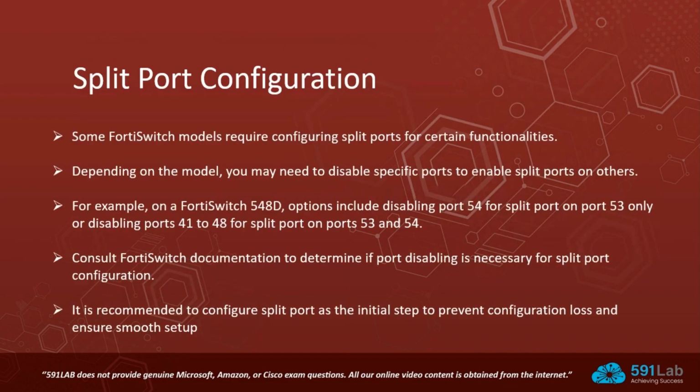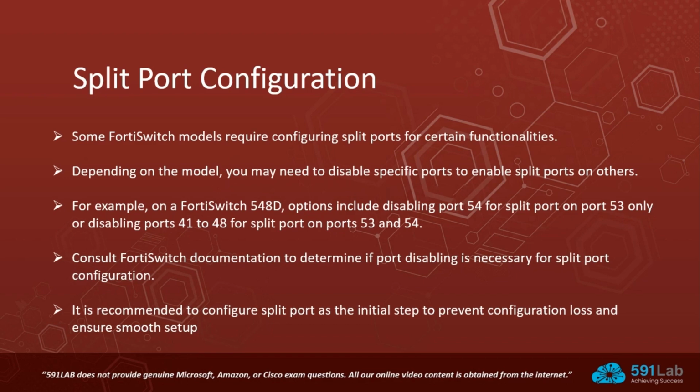Because of the limitations on the maximum number of interfaces on some switches, the first step to configure split port is to select a port configuration layout for split port. In some Fortinet switch models, you need to select and disable some switch ports in order to enable split ports.